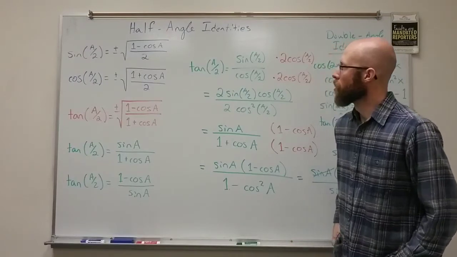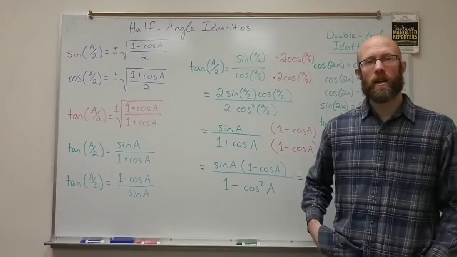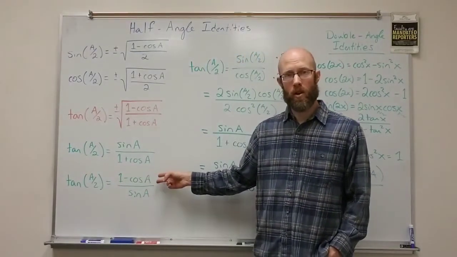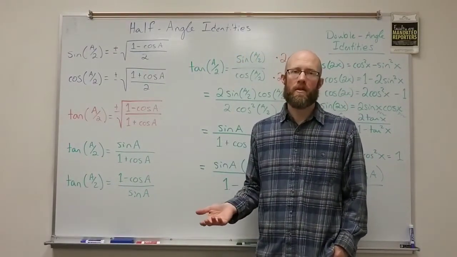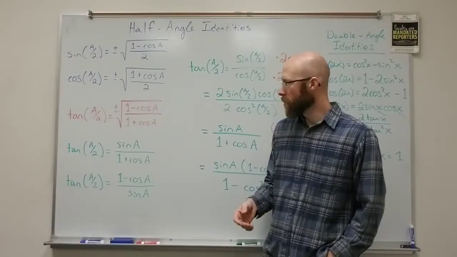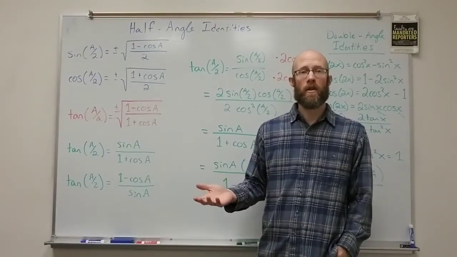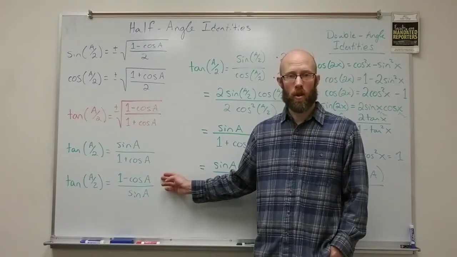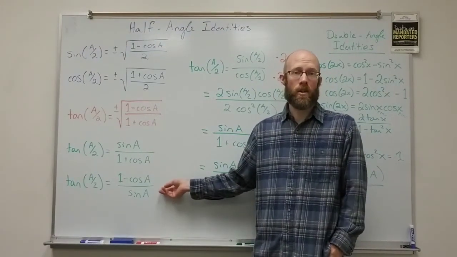And so now we have these 5 formulas that help us to find trig values for half of an angle if we know the larger angle. This could help us to find, say, something like the tangent of 7.5 degrees if we knew the cosine and the sine of 15 degrees.